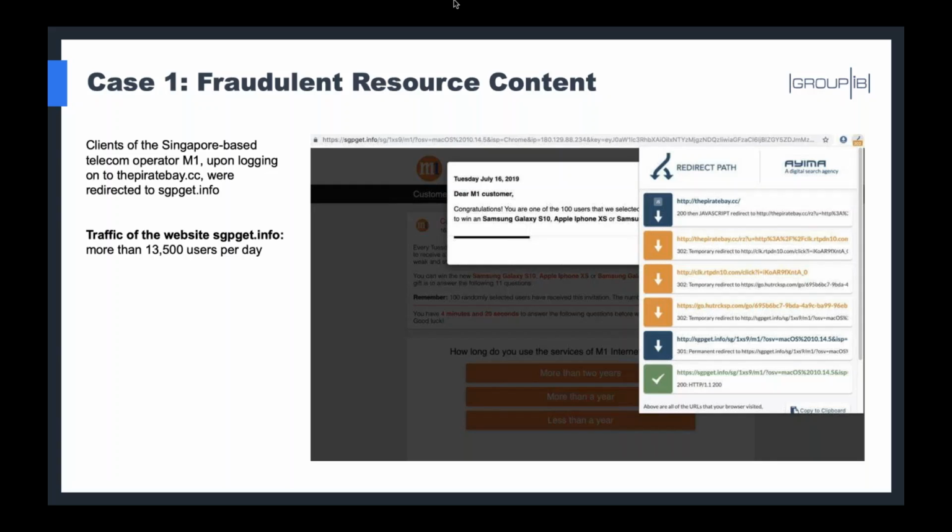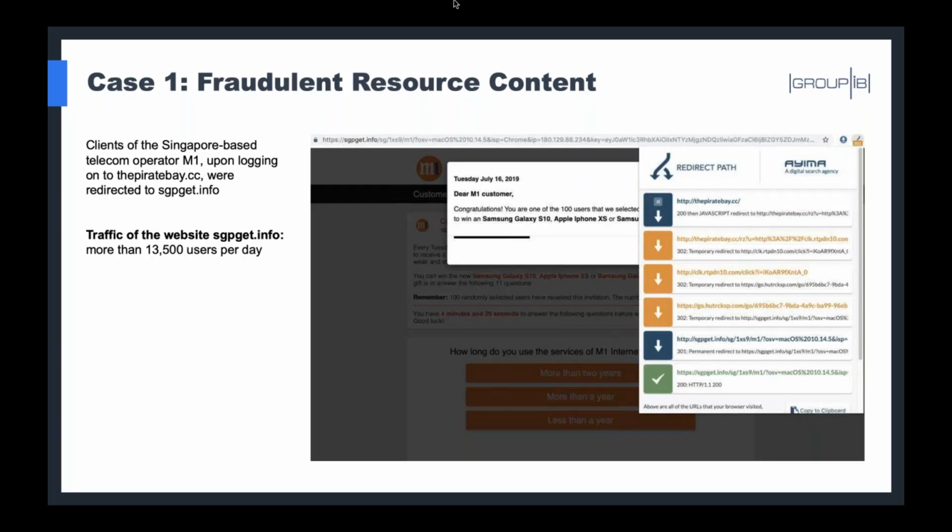They were led through the redirect path and got to an end portal saying, hey guys, you can win a Samsung Galaxy S10 or Apple iPhone XS, just finishing the survey on this page.